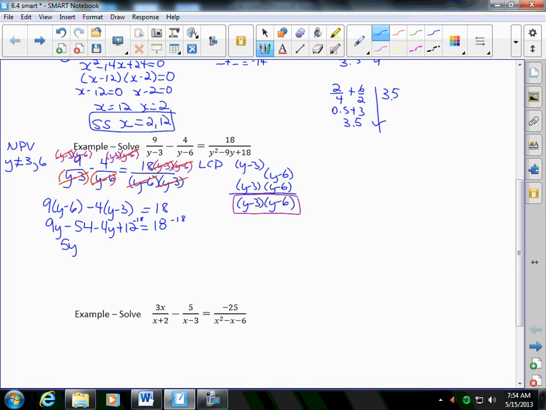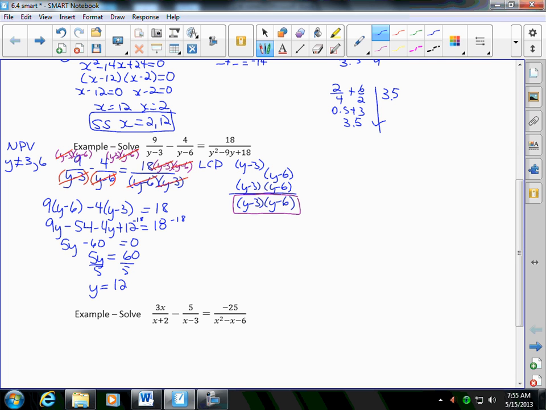Minus 54 minus 18 is minus 72, plus 12 is minus 60. So now, because it's just a power of 1, I'm just going to solve for y. So y is equal to 12.